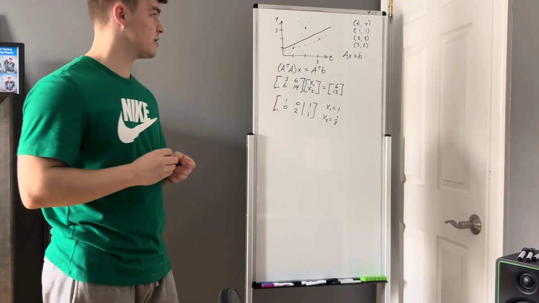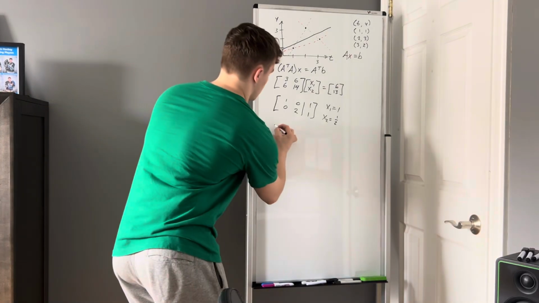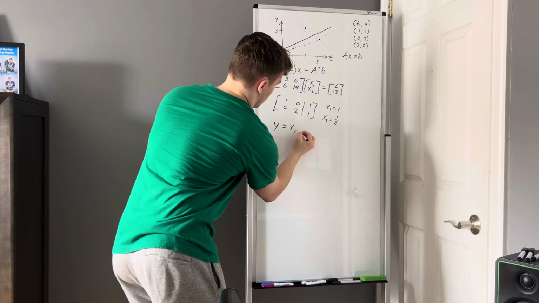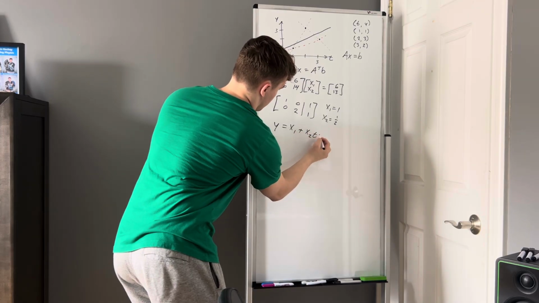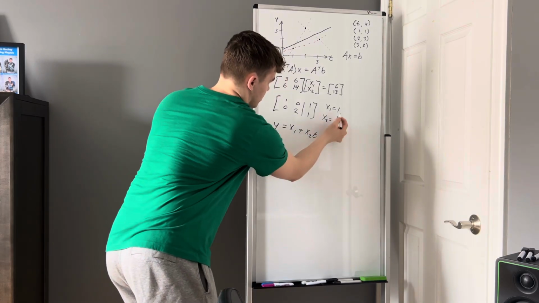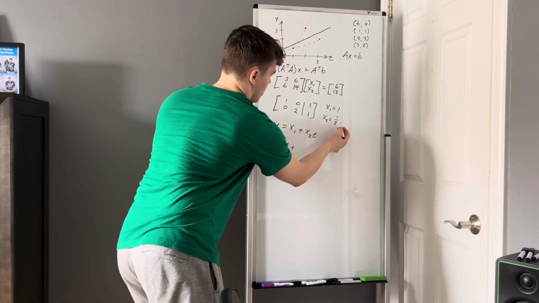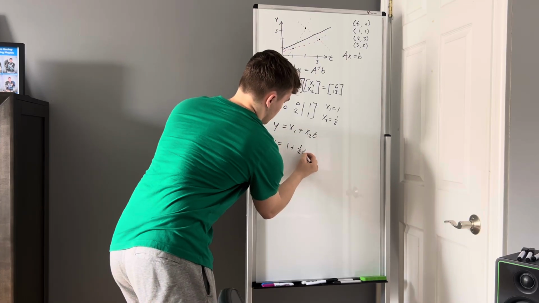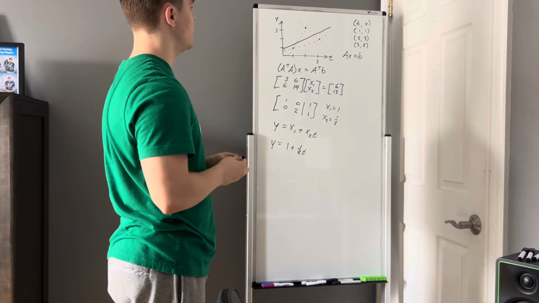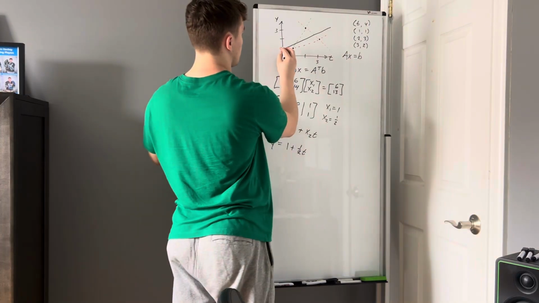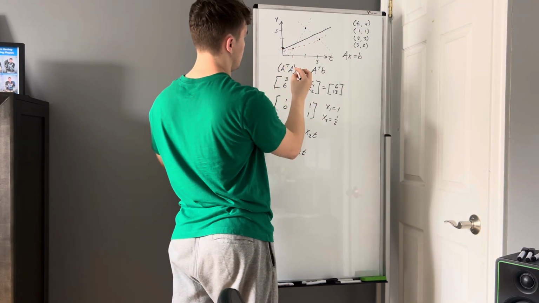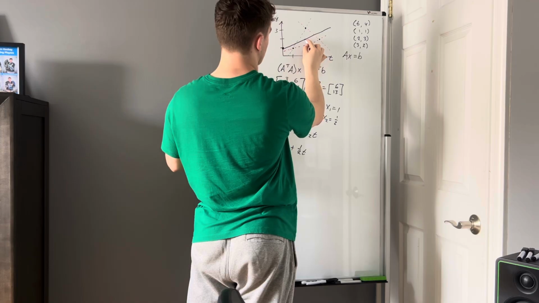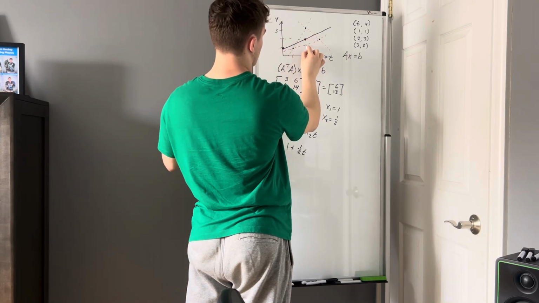So our line of best fit is y equals x1 plus x2t, remember? So y equals x1, which is 1, plus our x2, 1 over 2t. Which looks a lot like this. It starts right here at the 1, and it goes up by half each time.